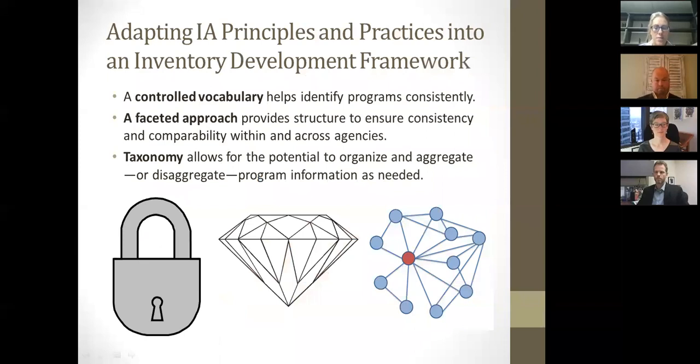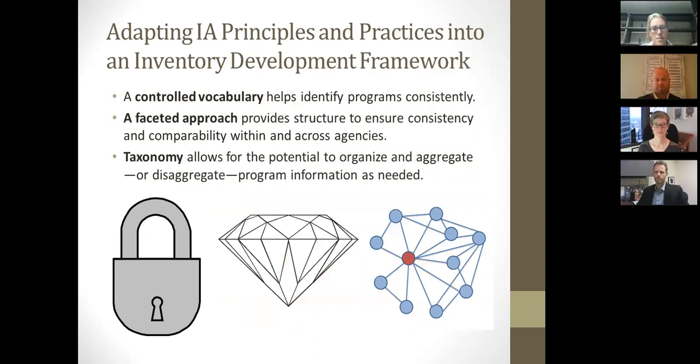So we identified 3 key concepts that we ended up applying through our testing of information architecture. So the first one is represented there with a lock, and that's the concept of controlled vocabulary. And this concept goes back to helping to put some bounds around terms that can be used.